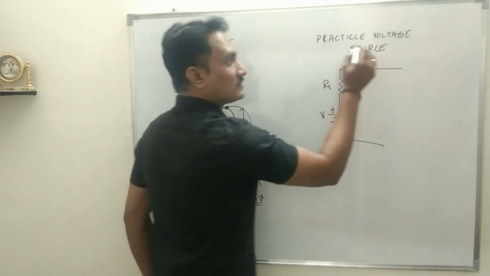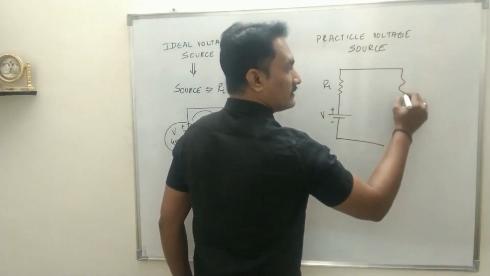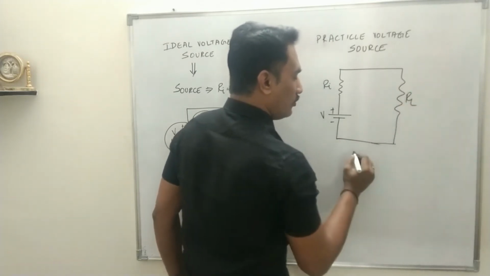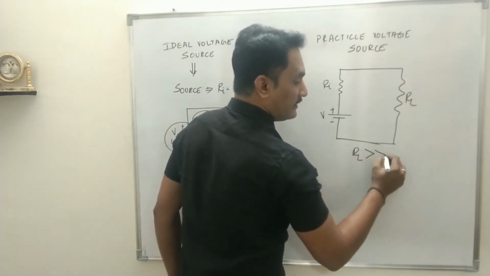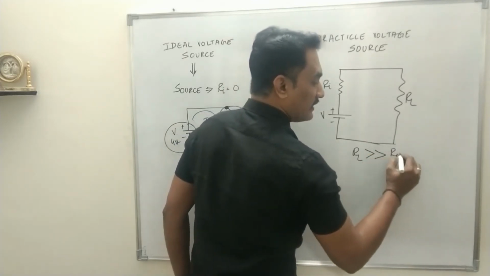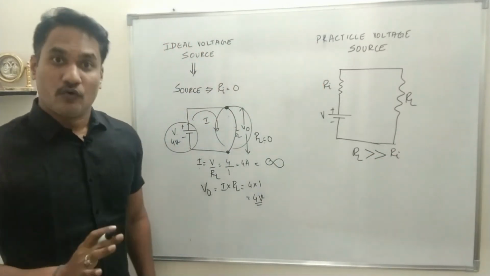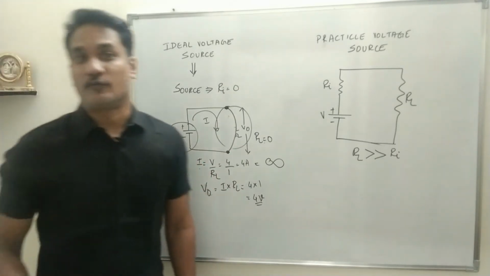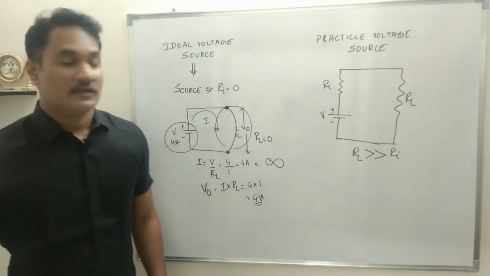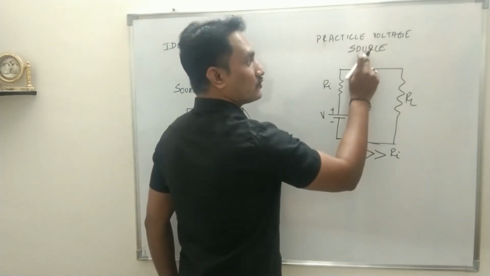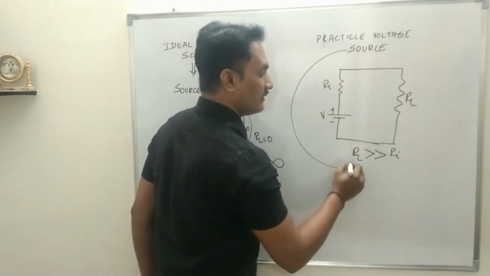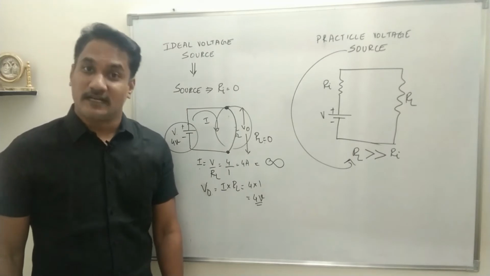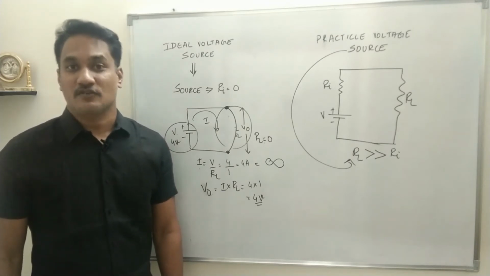तो प्रैक्टिकल वोल्टेज सोर्स को डिफाइन करते समय हम लोग बोलते हैं कि अगर आपका लोड रेजिस्टेंस इंटरनल इंपीडेंस से बहुत ज्यादा बड़ा है तो we can produce this condition, जहां पर हम लोग जो इनपुट में दे रहे हैं वही हमको आउटपुट में मिलेगा, right? So that is what is called as practical voltage source. So practical voltage source means a source where load resistance is much greater than the internal impedance of the source.